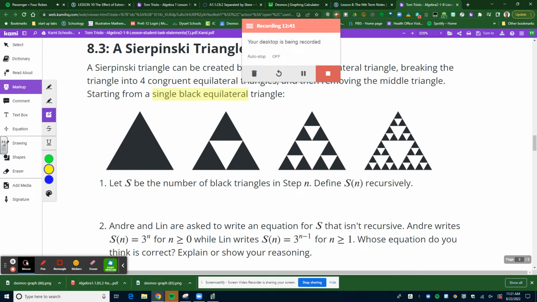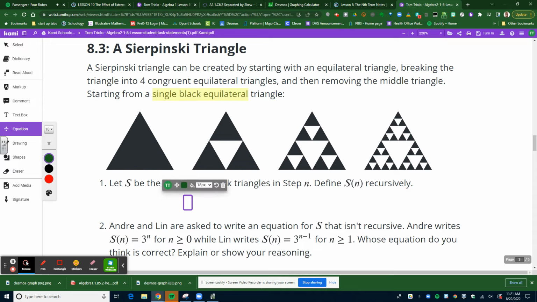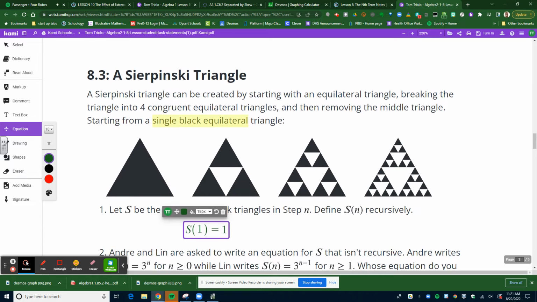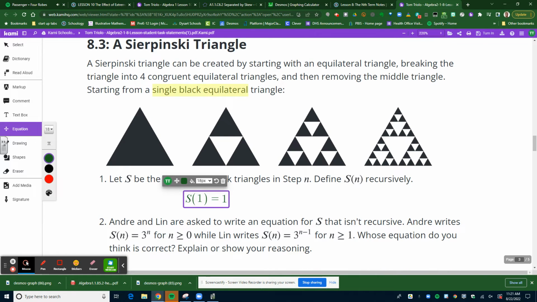Okay. So we have capital S of 1 equals 1 because there's one black triangle in our first step. Everybody can agree on that. Okay. Next part. It's not how many triangles total. It's just the number of black ones. So S of n equals. How many more do we have? 2 times as much? 4 times as much? 3 times, because we're only counting the black ones.